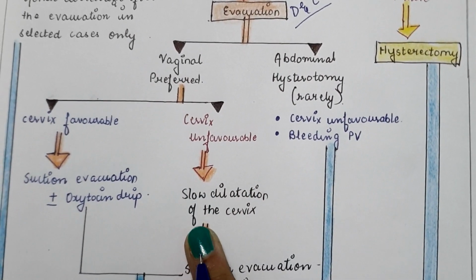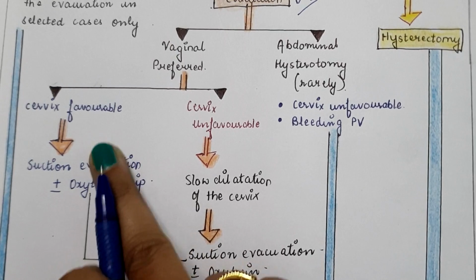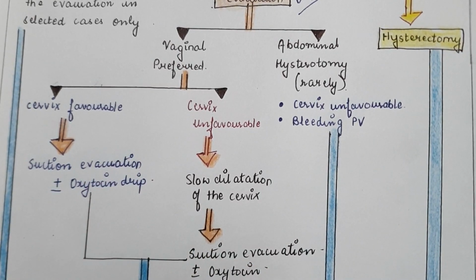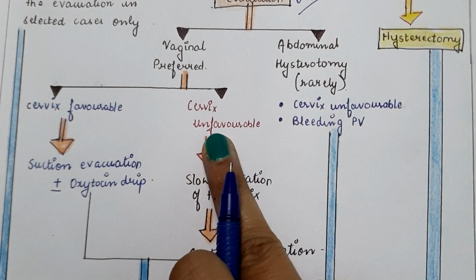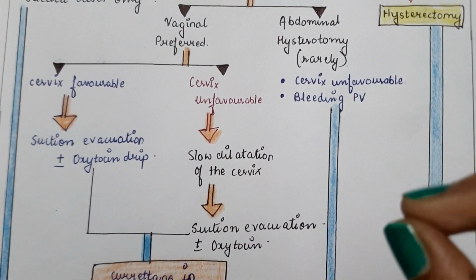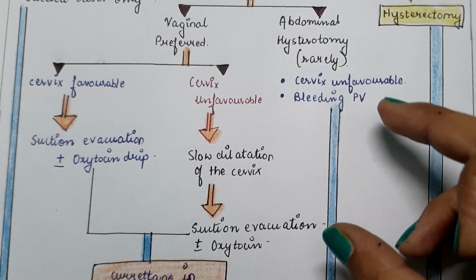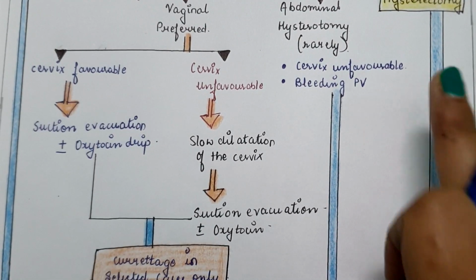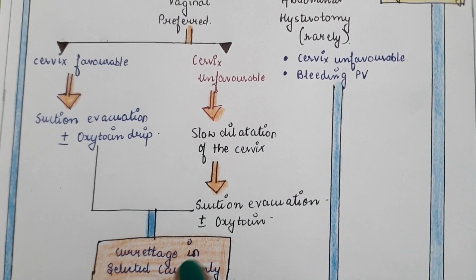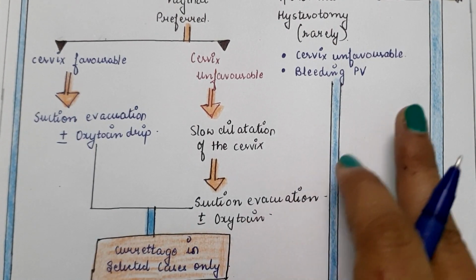So vaginal route preferred. If the cervix is favorable, then suction evacuation should be done, and oxytocin drip may or may not be started. Next is cervix is unfavorable. In that case, the dilatation of the cervix should be done slowly first and then suction evacuation should be done, and curettage only in selected cases.